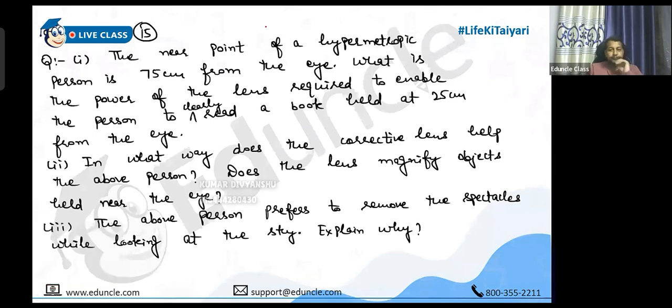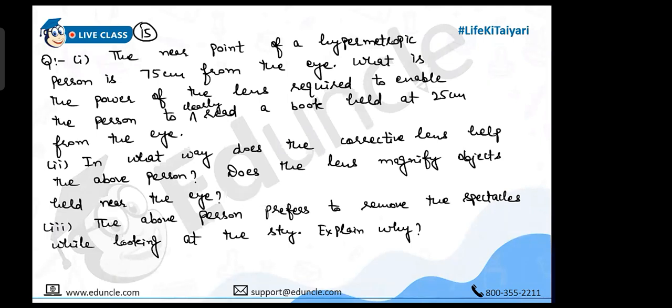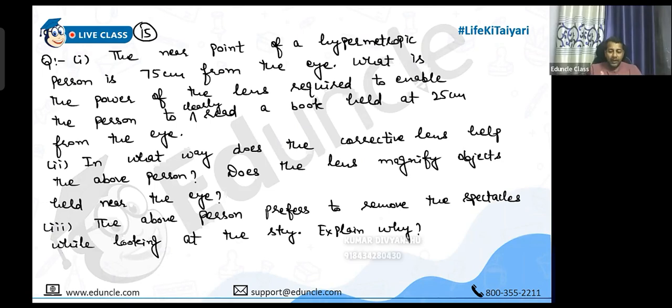So what should the corrective lens do in this case? Object distance is 25 centimeters, so it must form that image at 75 centimeters. So it will form the image of the object lying at 25 centimeter at a distance 75 centimeter from the eye. Means again U and V both are negative, because 75 centimeter it is in front of the eye, and 25 centimeter also.